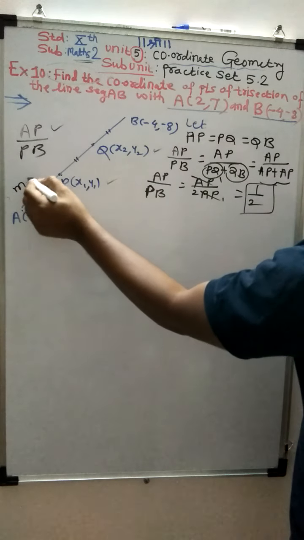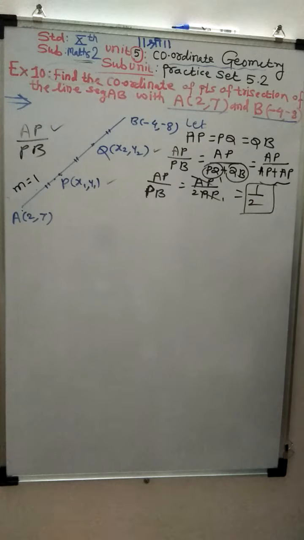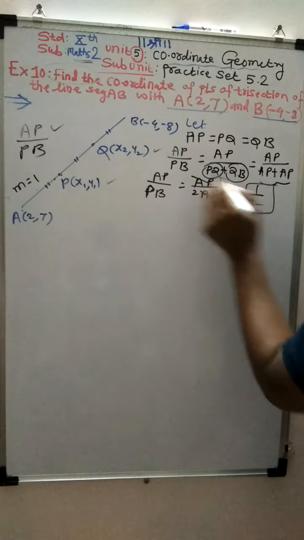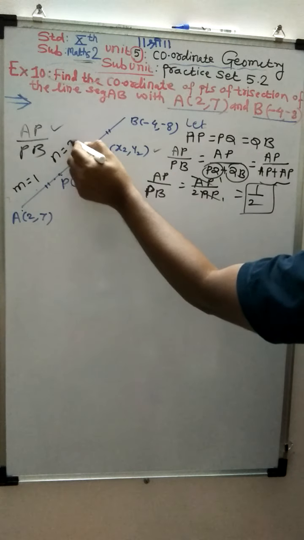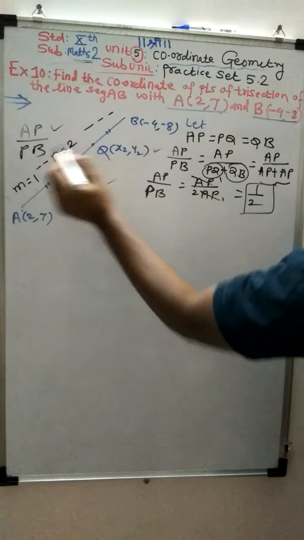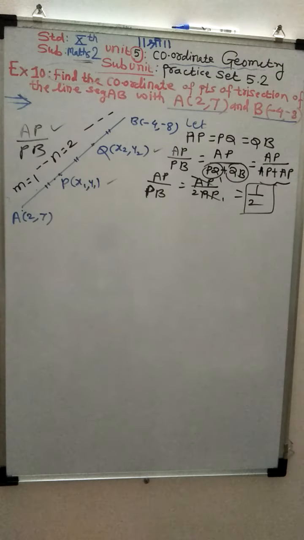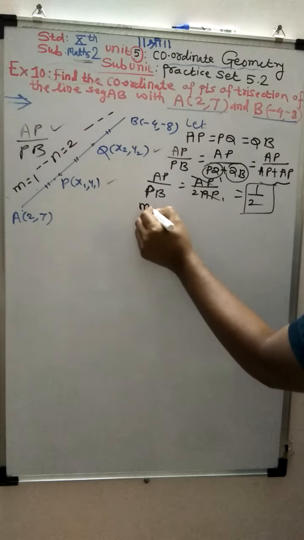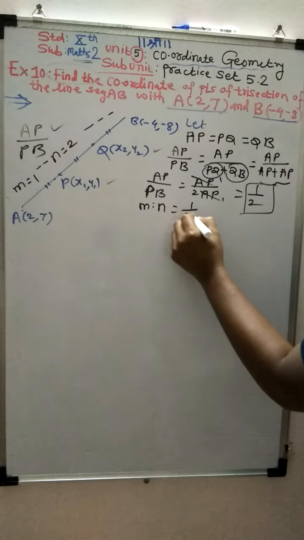If this is represented by m, then m is equal to 1, and n is equal to 2. So here we write m:n as the ratio 1:2.